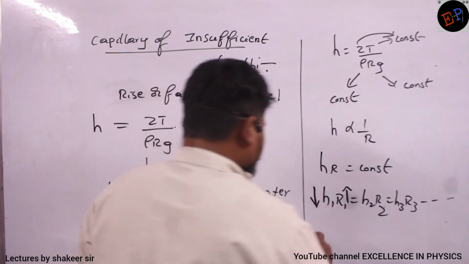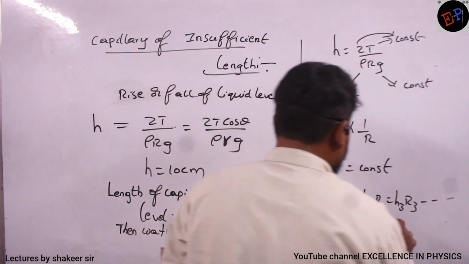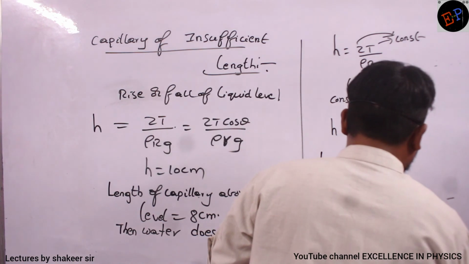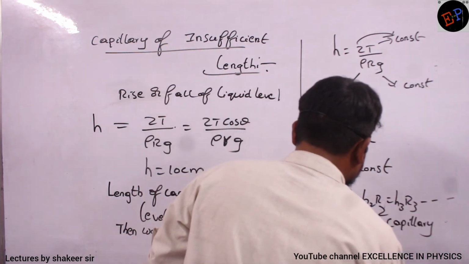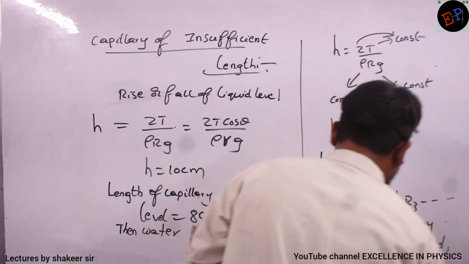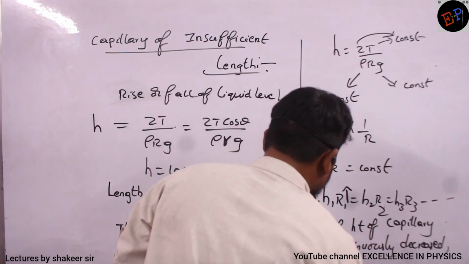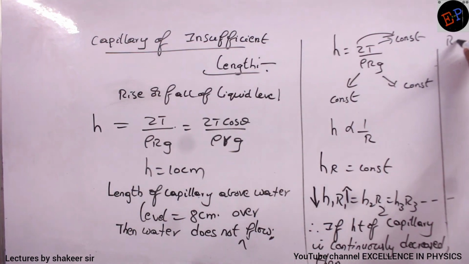Therefore, what happens if the height of the capillary is continuously decreased? The radius of the liquid meniscus continuously increases.